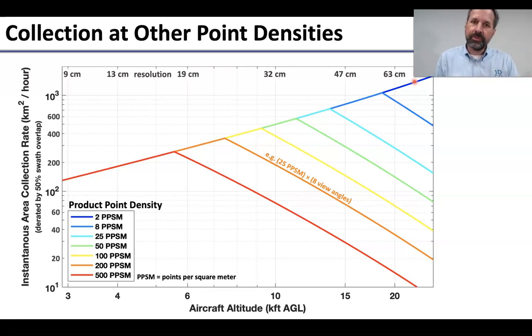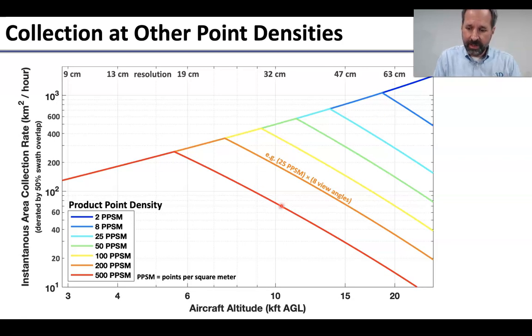So for example, if you want to poke through canopy but you're trying to interrogate the ground to see what flooding might occur, so you're trying to get a good ground model, you want a good vertical accuracy, but you don't need a lot of spatial resolution. Maybe you're working up over here, fewer points.